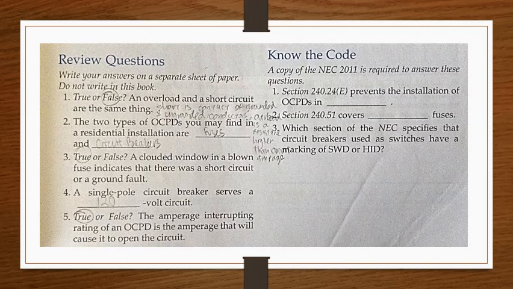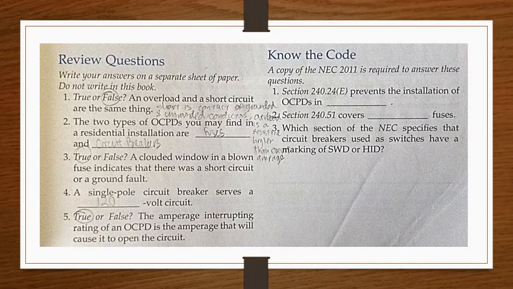Two, the two types of OCPDs, that's overcurrent protection devices, you may find in a residential installation are blank and blank fill-in. That would be fuses and circuit breakers. Number 3, true or false, a clouded window in a blown fuse indicates that there was a short circuit or a ground fault. And that is true.